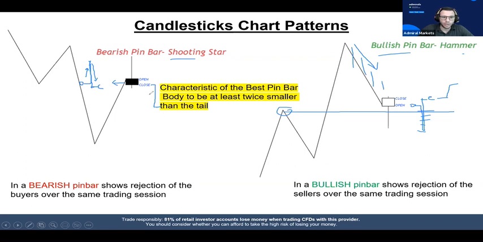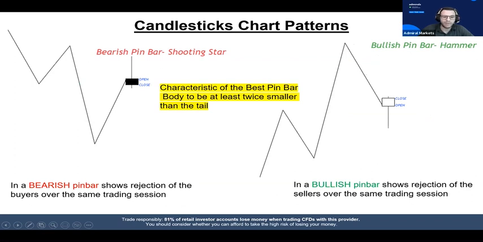I say usually because we don't know exactly. Sometimes it just doesn't happen. However, where the high probability comes to blend with that, it comes to blend in the overall market structure. And as you can see here, we have a series of lower lows and lower highs.